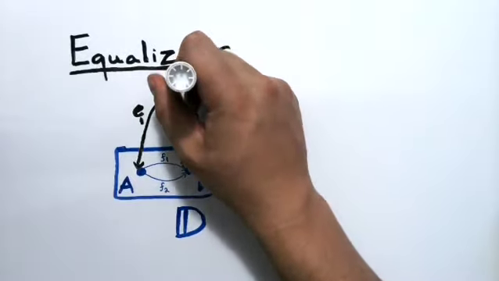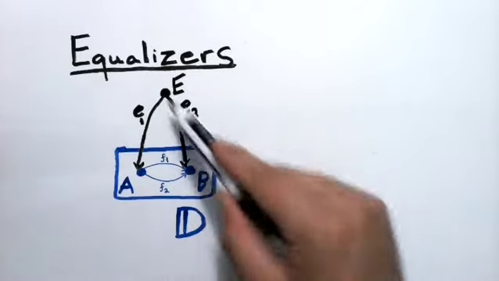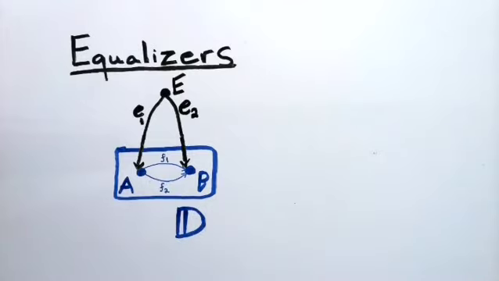We also need to check the commutativity property of the cone. In order for it to be a cone, any triangle formed between the legs of the cone and the morphisms in the diagram needs to commute. Here we have two legs and two morphisms in the diagram, so there are two triangles that need to commute.